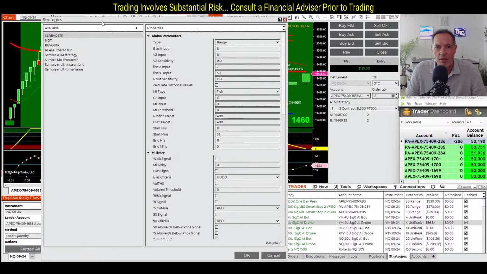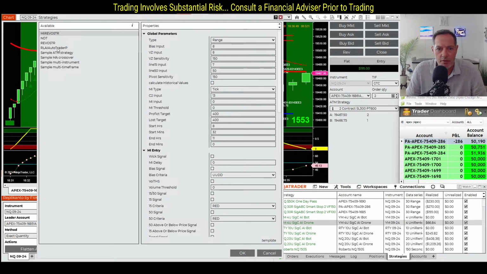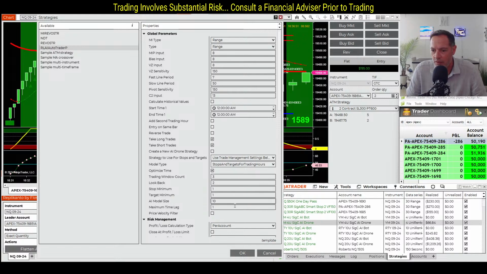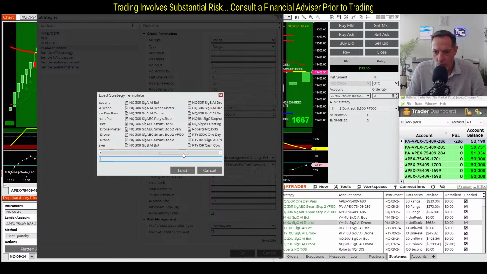Get all my PA accounts set up and get them going where they have the price velocity filter in them, so they'll only take trades if the market is right for them.